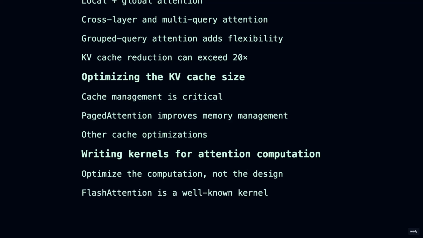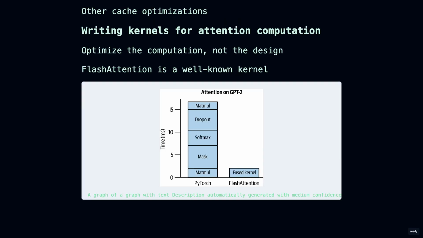Flash attention is a widely used example because it fuses several transformer operations into one efficient path. The result is less memory traffic and faster execution. This figure shows the idea visually. Instead of many separate operations, the work is combined into a tighter, more efficient kernel.